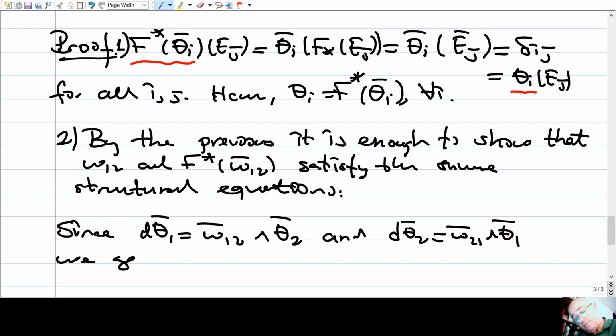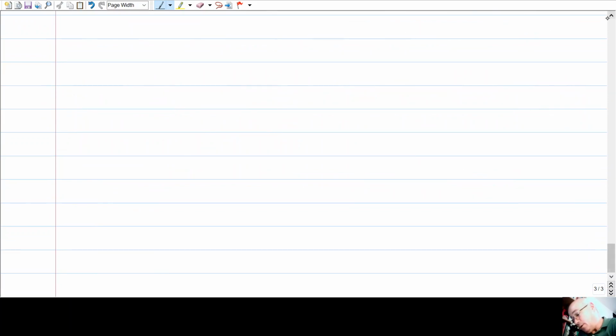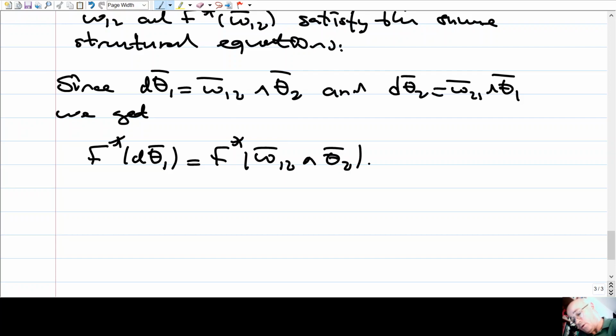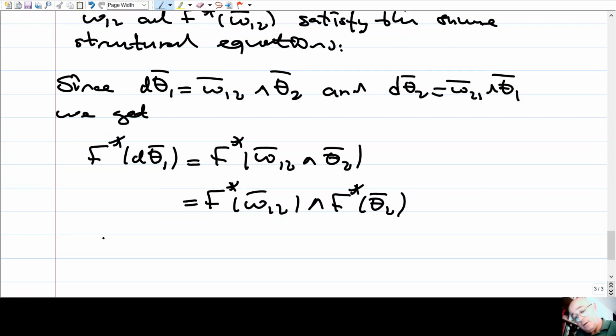We get, by using pullback, f star d theta 1 bar, f star omega 1 2 bar wedge omega 2 bar, and this is equal to f star of omega 1 2 bar wedge f star omega 2 bar, but this is also equal to d of f star of omega 1 bar.